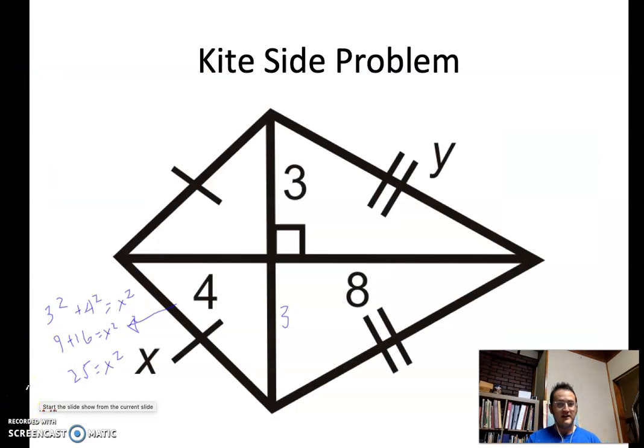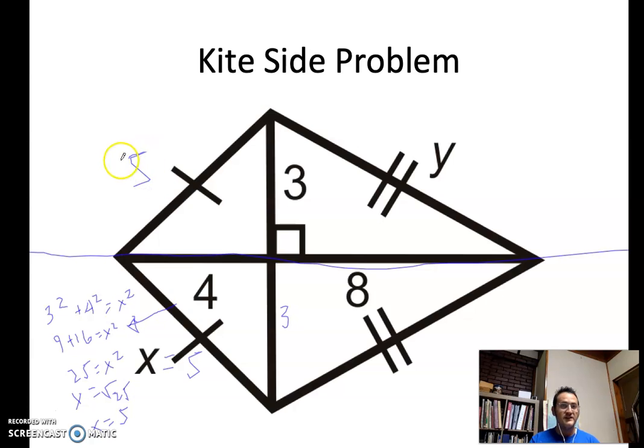So I'm going to square root my 25. So I get that x is equal to the square root of 25, making x equal to 5. Now, since x is equal to 5 and the kite is nice and symmetrical, then I can also reasonably say that that side is 5.